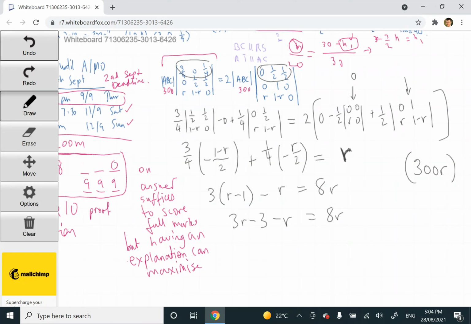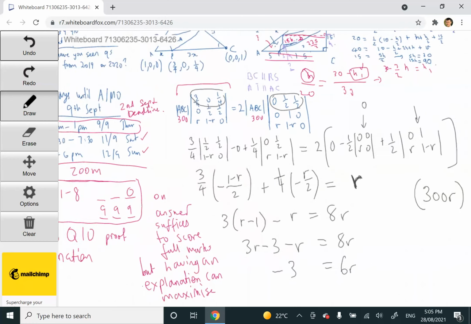Something's not quite right. What just happened? Hold on, let's see, 2R. This gives you 6R equals minus 3. Something went wrong.